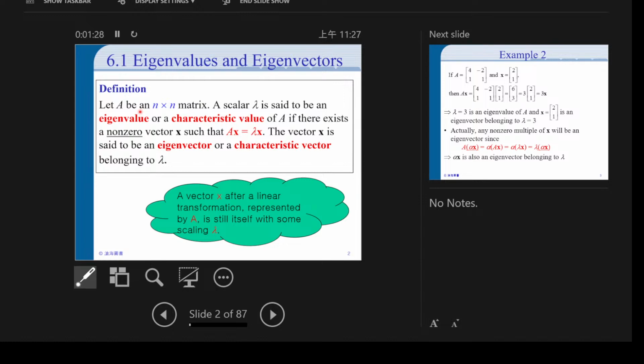But anyway, what are eigenvalues and eigenvectors? Intuitively, we want to analyze A as a transformation. We want to think about a matrix as a linear transformation, and we want to see what A does as a linear transformation. Then eigenvalues and eigenvectors say that this linear transformation has a special property.